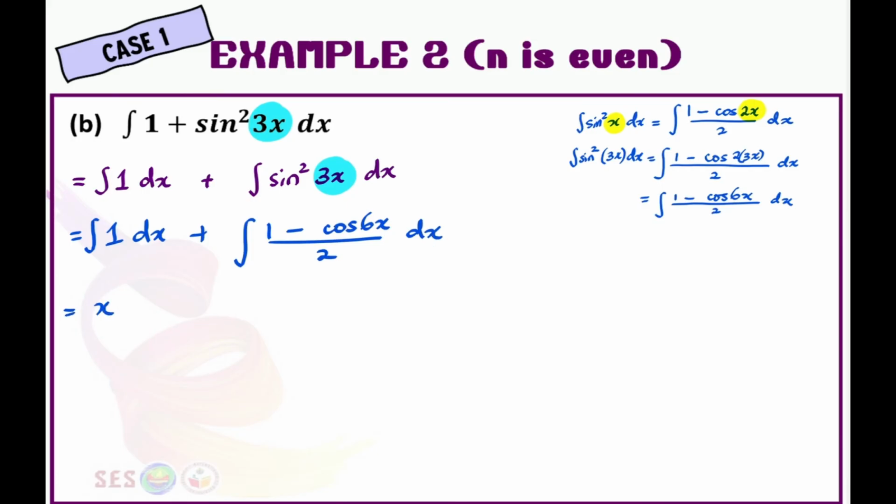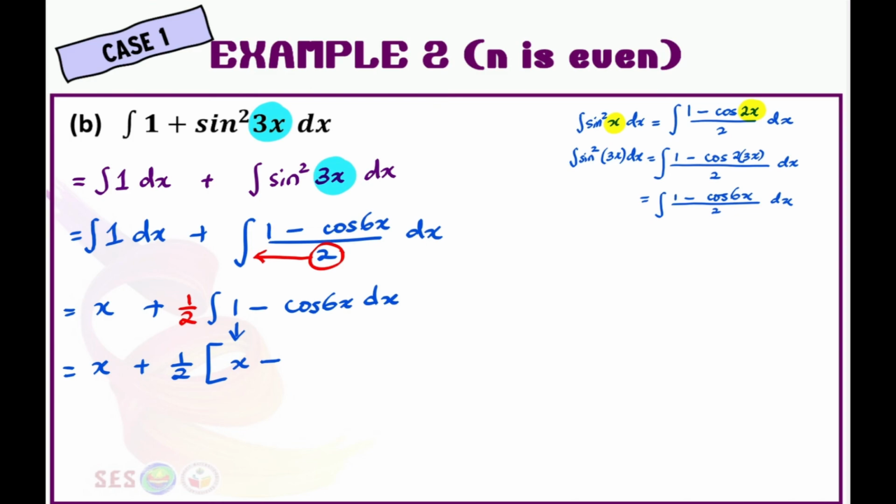Integrate 1 will get x plus, for this part I will take 2 outside, it will become 1 over 2. On the inside, I will be left with integrate 1 minus cos 6x dx. Just copy x plus 1 over 2. Integrate 1 will get x minus integrate cos will get sine. Copy theta will get 6x divided by differentiate theta will get 6.